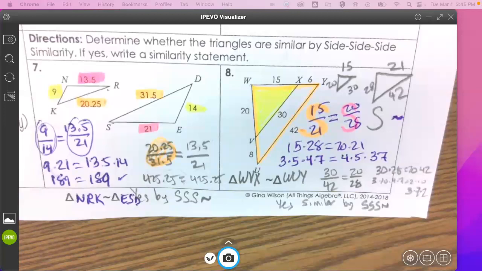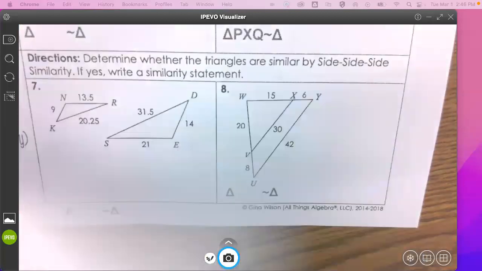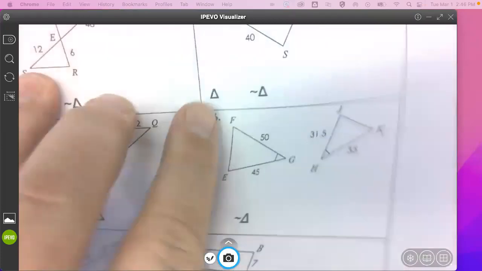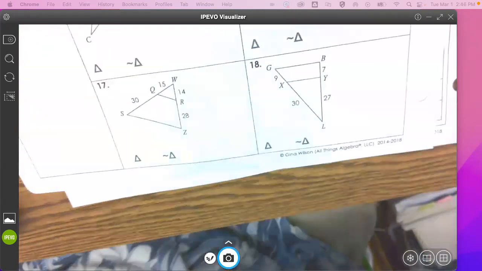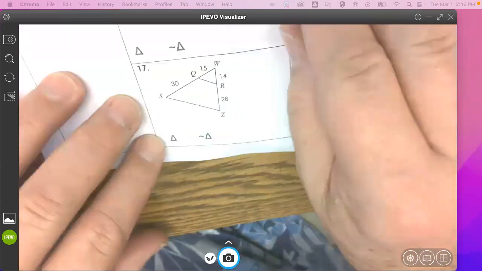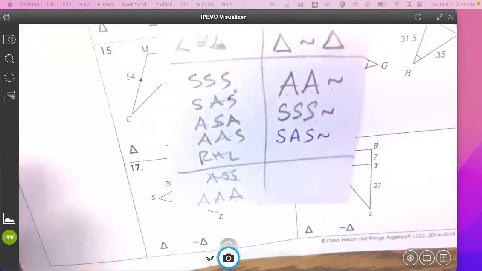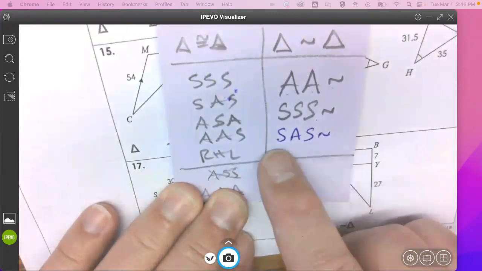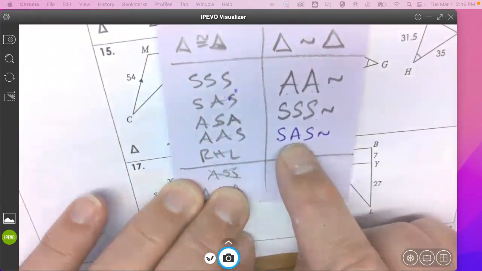Any questions on using side, side, side similarity to prove triangles are similar? Flip to the next page. The third and final way that we're proving triangles are similar is side angle side, where we've got one pair of sides and an angle trapped in between.